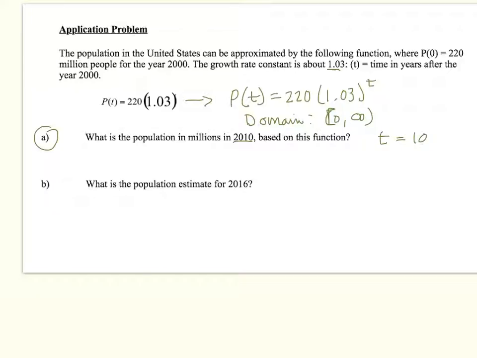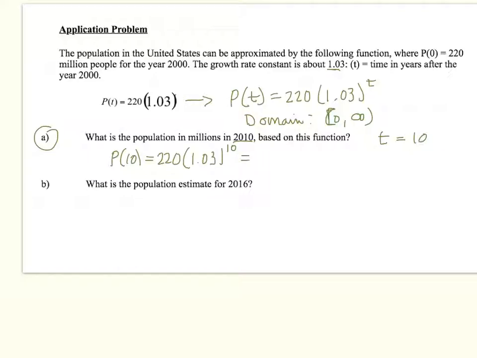And so now we will have the following problem. So here we have P of 10 is equal to 220 times 1.03 raised to the 10th power.